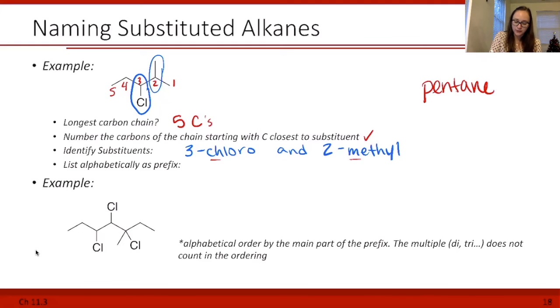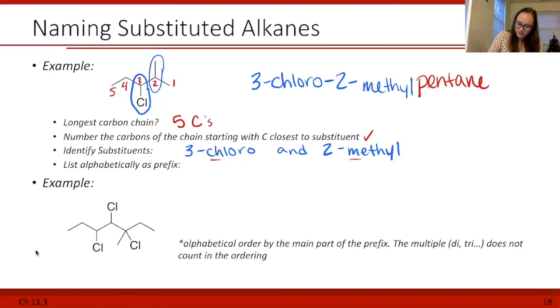Chloro comes before methyl. So the final name will be 3-chloro, and in between substituents, we'll put dashes, dash 2, dash methyl pentane. Okay, so that's our final answer there. Starting to get the hang of it.